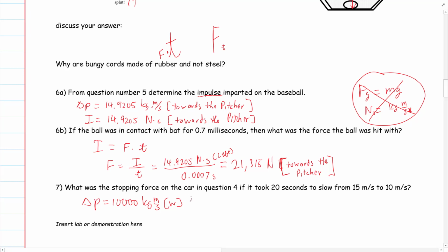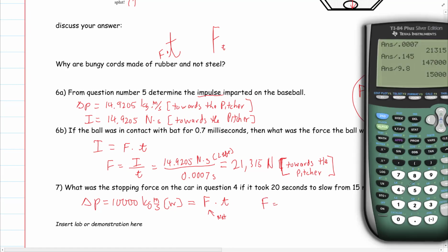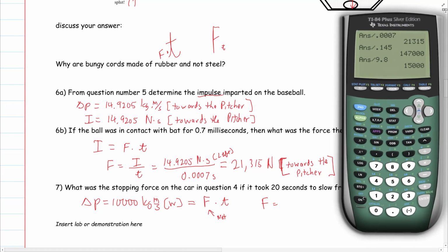Force times time. And by the way, that's the net force, in case you didn't know it. And it took 20 seconds, so you put 20 here and solve for force. So force is going to be this 10,000 divided by the 20 seconds.